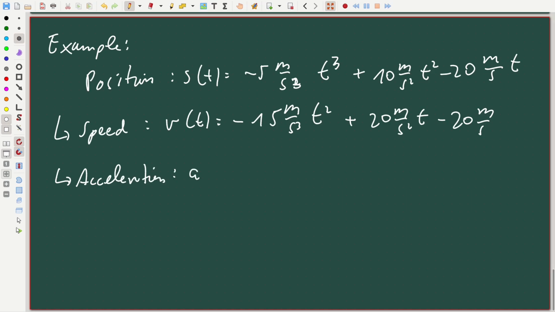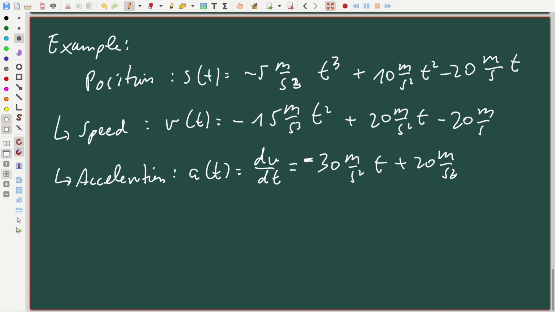So what we have to do is calculate dv over dt, which would be given as minus 2 times 15, so minus 30 meter per cubic second times t, plus 20 meter per square second, and the last term just vanishes. Sorry, here we need a square second. So now we also have the unit of acceleration, which is perfectly okay.